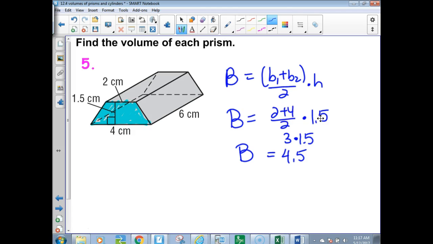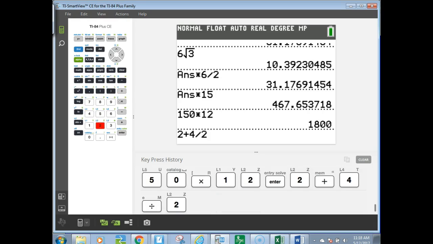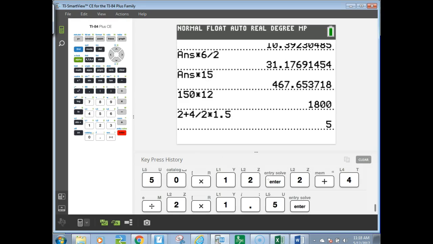Did you type this all at once? Okay, then you must have done this. Now let's talk. This is why I ask you to type them in. This is incorrect.